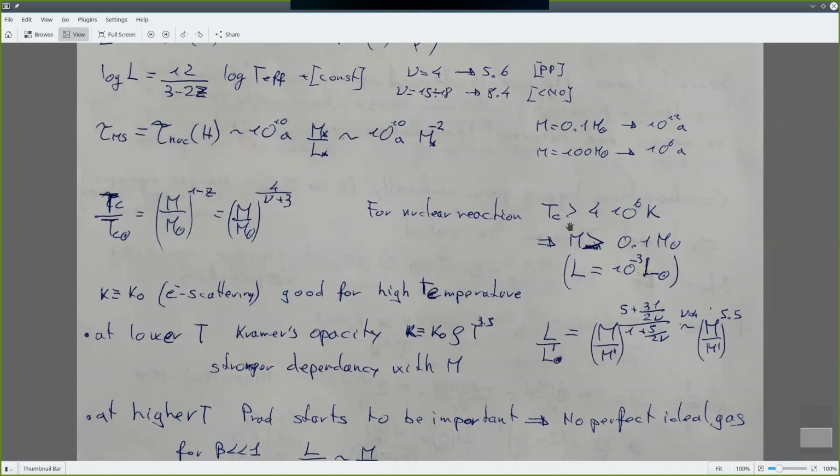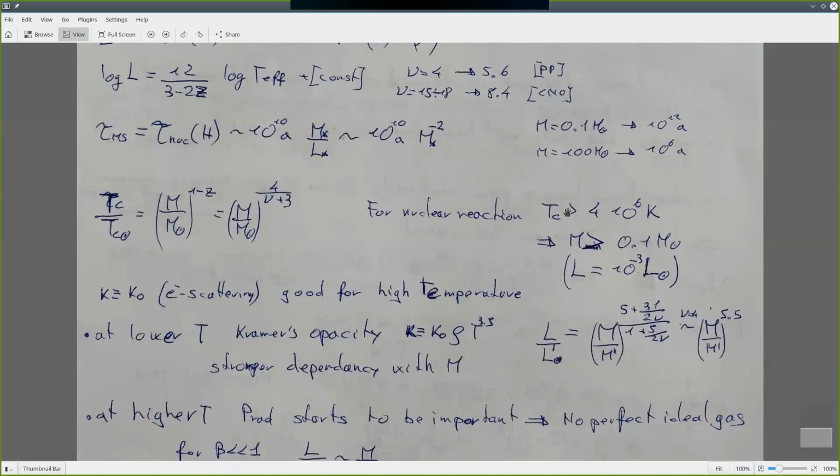for a nuclear reaction we need a minimum temperature of 4 million Kelvin. Kelvin, without saying degrees Kelvin, because the sign is absolute degree. So when you're talking about Kelvin, it's well defined that you are talking about the absolute value, so you don't need to say degrees.